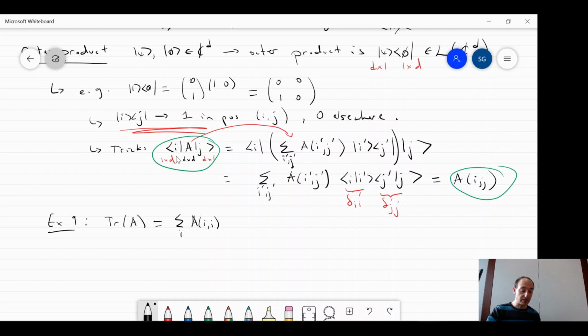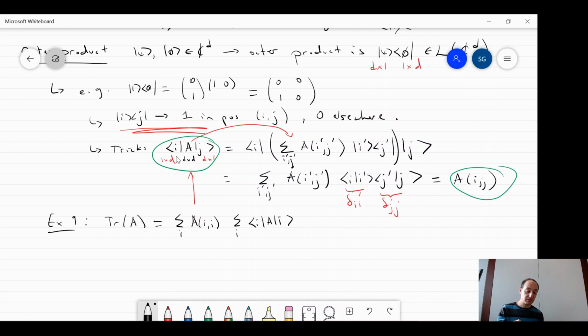Technically I'm not sure if it counts as outer product notation, but it uses the trick I just taught you. If I look at this trick we learned right here, what is that? Well, just sum over i of take A and sandwich it on the left and right with the ith standard basis vector. And that's the same thing as extracting out the diagonal entries.